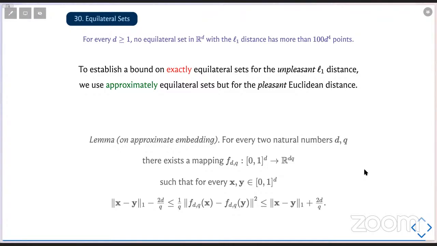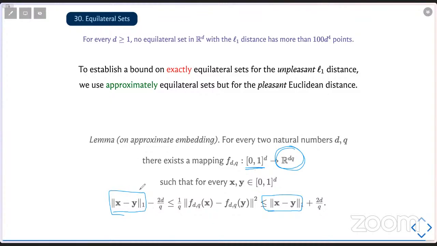But what are we trying to prove? We are trying to say that you can go from this space here, 0, 1 to the d, to a much higher dimensional space, which gives us what we want. For us, we are going to start with a bunch of points which are exactly equilateral under the L1 norm.